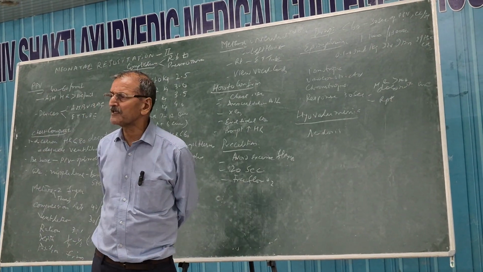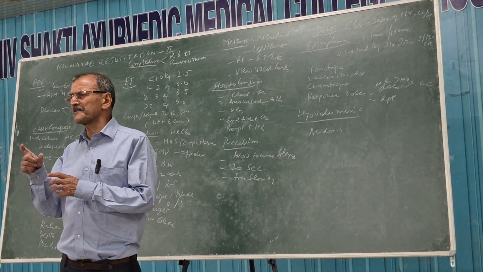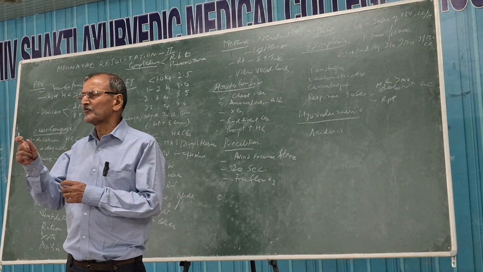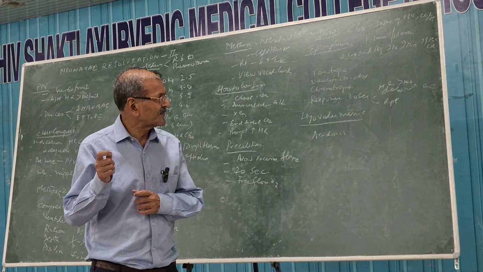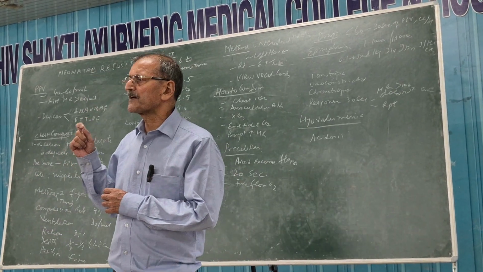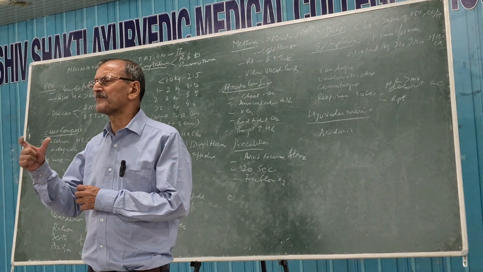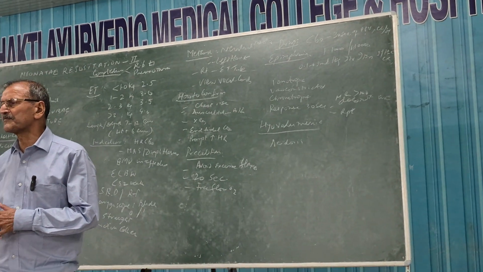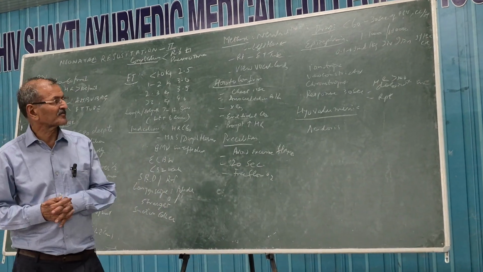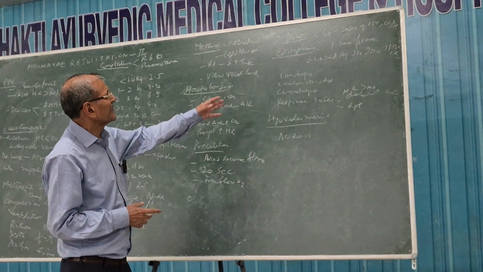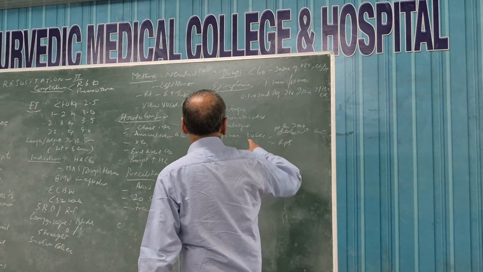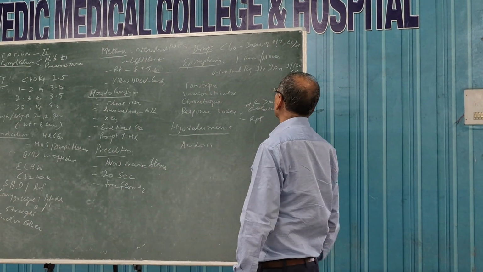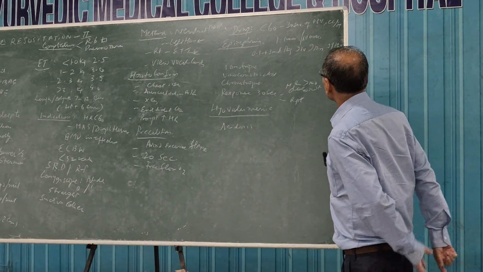How will you prepare? You will take a 10 ml syringe, in it you will take 1 ml of adrenaline and the rest 9 ml with normal saline. So automatically it will be 1 in 10,000. So epinephrine drug, the dose is 0.1 to 0.3 ml per kg.